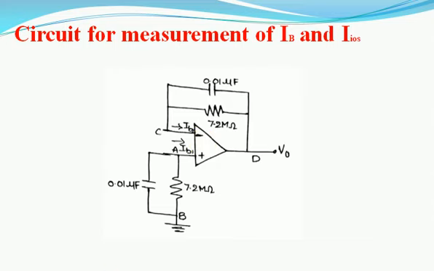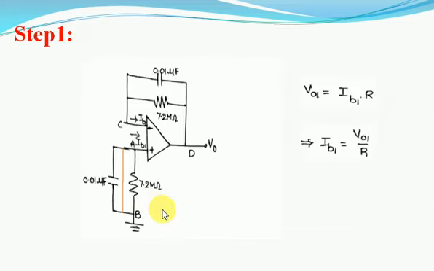Now let us see the procedure that is involved in order to measure the bias current value and the input offset current value. Now let us see step 1. Here in step 1, we have to short the terminals A and B. Since A and B are shorted, the potential at A is fixed at ground, that is, the voltage at A is 0.